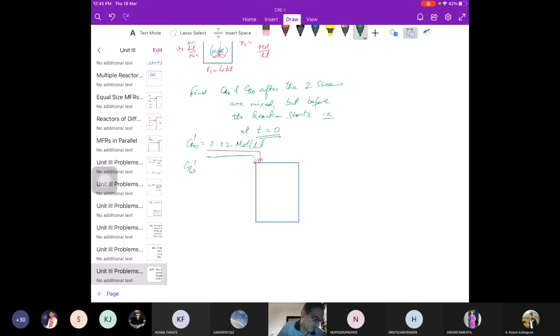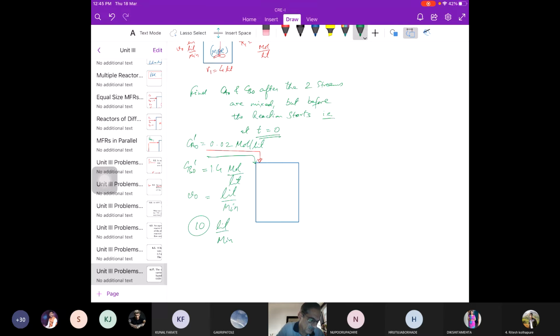Another is CB naught prime equal to 1.4. And the volumetric flow rate is V naught liters per minute for both. So suppose V naught is equal to 10 liters per minute.